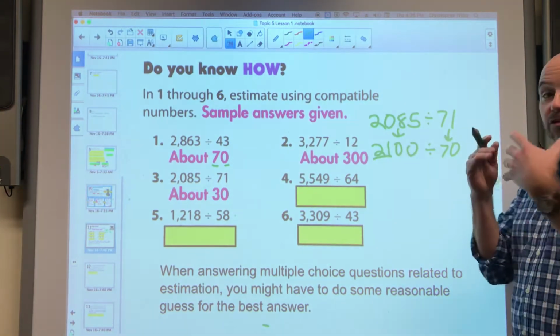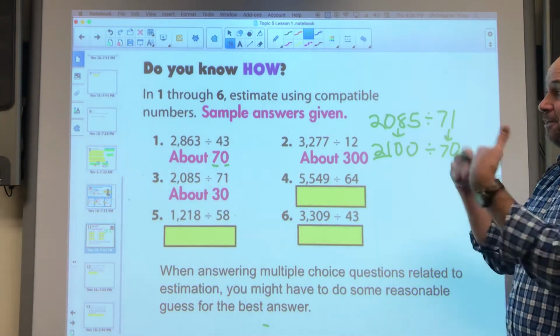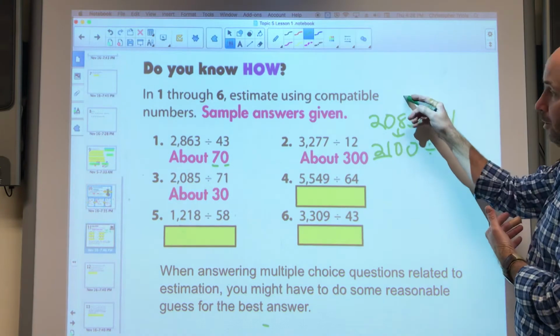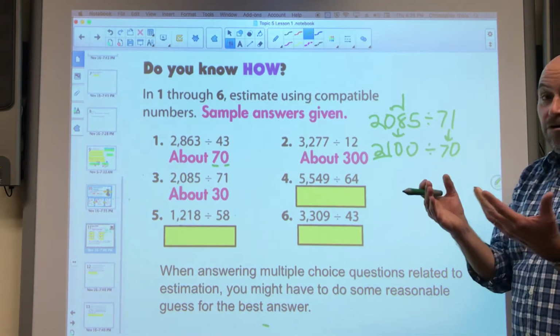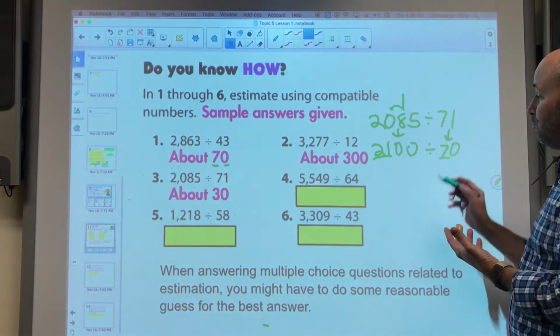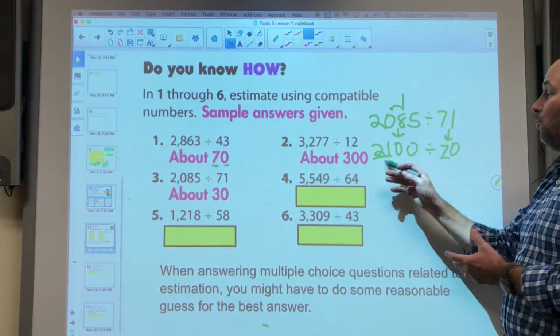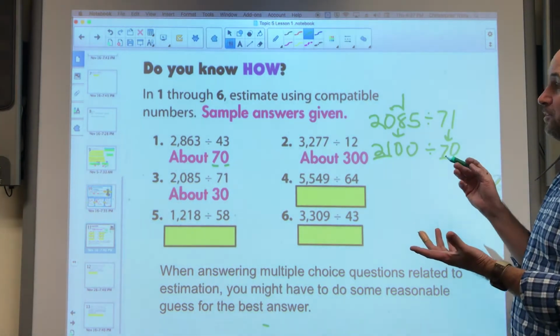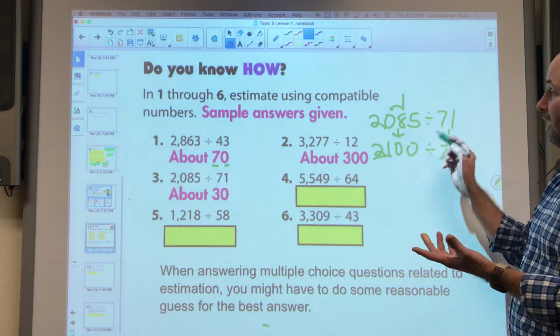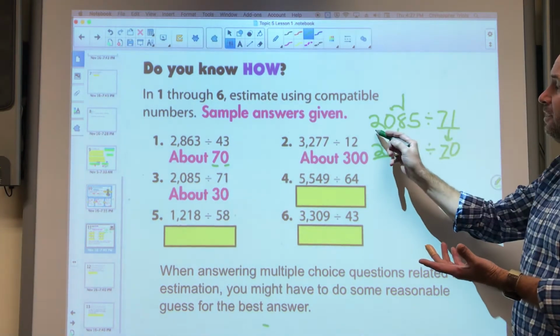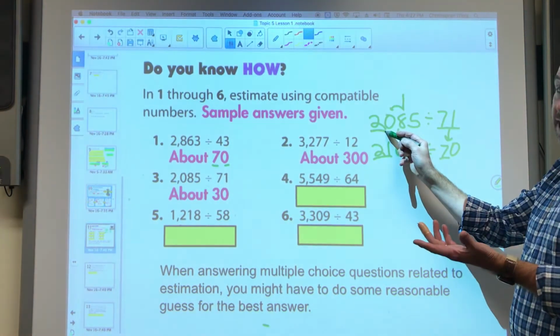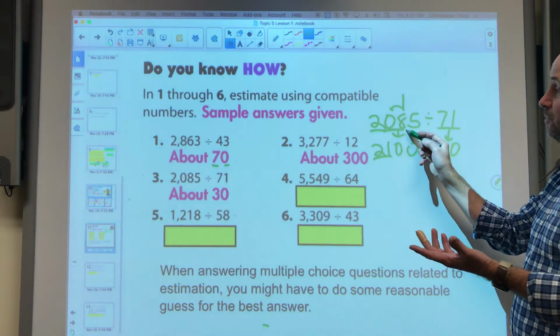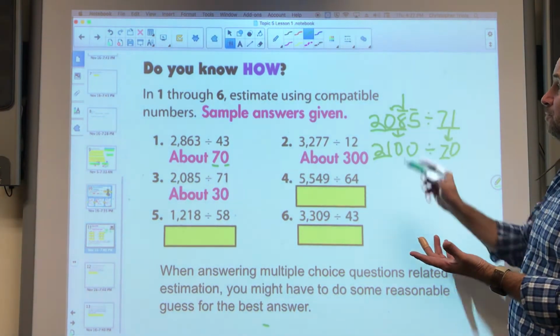They rounded it to 2,100. They rounded it up, partially because the 8 would tell the 0 to go up to 1, and because 21 is compatible with 7. And then, of course, because we're dividing by 71, 71 can't go into 2, can't go into 20, it goes into 208, so our quotient would start there.